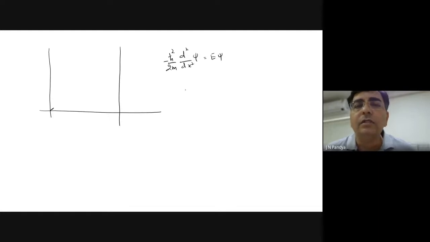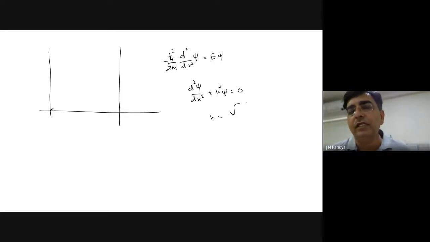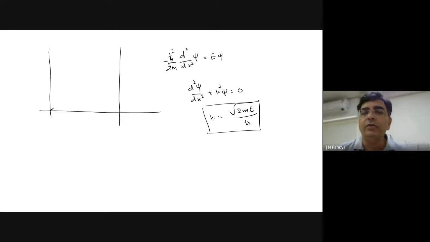Or typically we say this is d square psi by dx square plus k square psi is equal to 0, where k square is nothing but 2mE by h bar square. This is how we normally use this, and then finally we solve this equation.